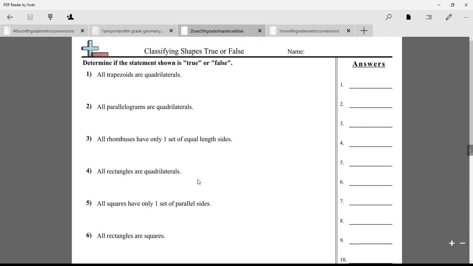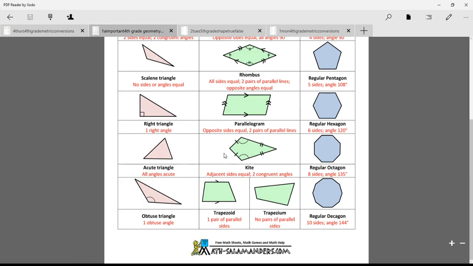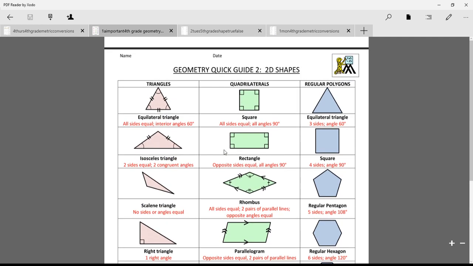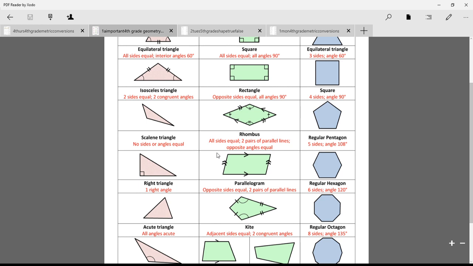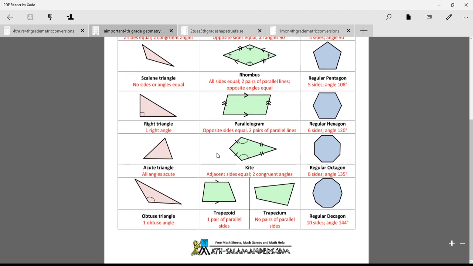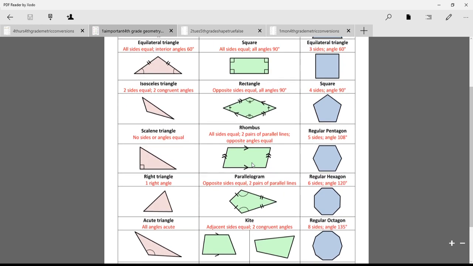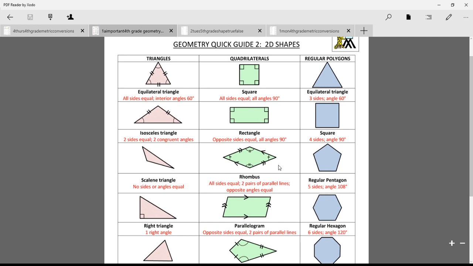So these are just a few of the things. For this, you really have to memorize the attributes of each of these shapes, because it's not like you're memorizing a method or a formula and have to actually do the math.